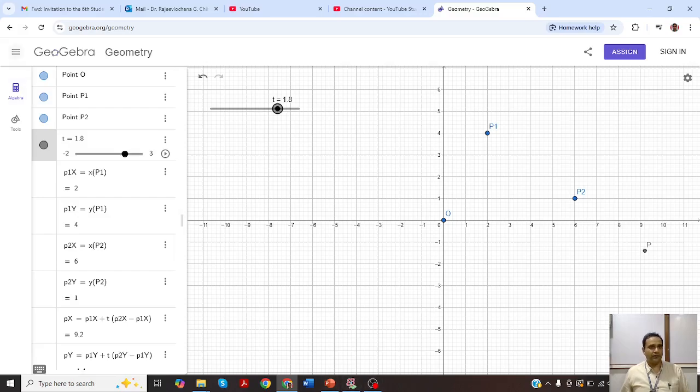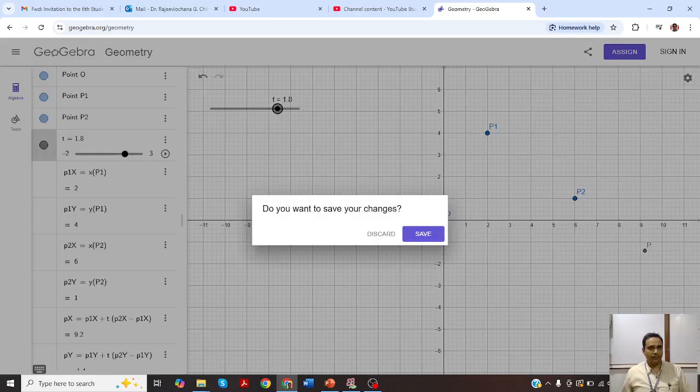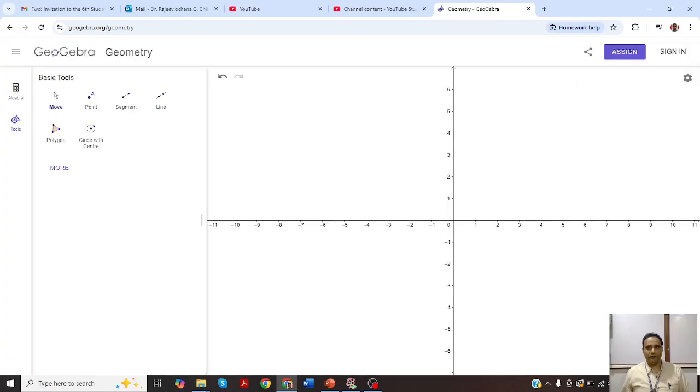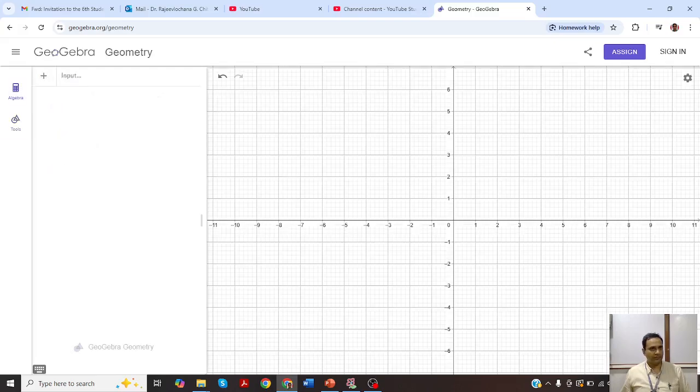Right, now let me try to clear all, start. We will do the parametric equation of a circle. I have done it earlier, but still this is okay. O is equal to (0, 0). What equations will we require? We'll require radius. Let me give radius as 4.